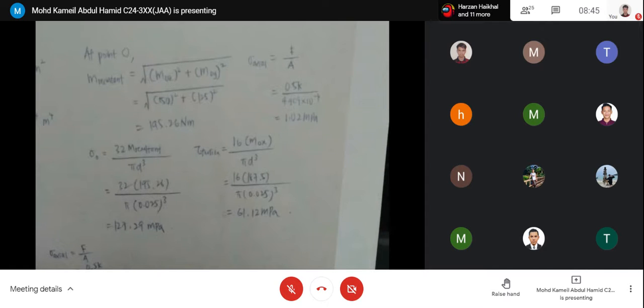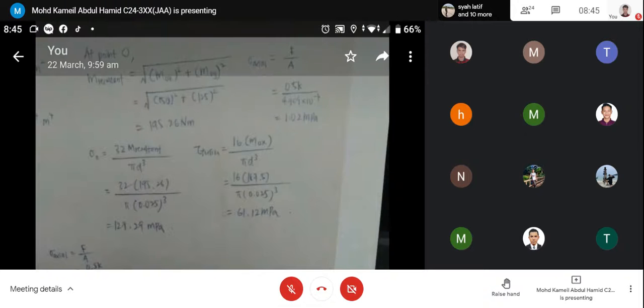And then you get your sigma O 137. For sigma axial you get 1.02 megapascal. Then for shear stress due to the torsion, it's 61.12. So the three formulas: sigma bending, sigma axial, dan shear stress.